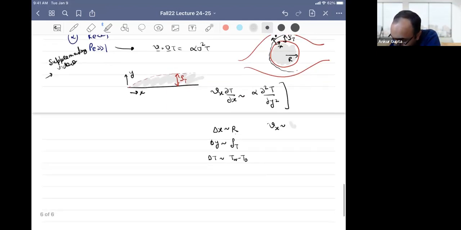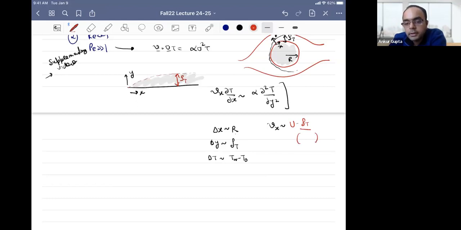So I say U delta T. What should I divide here by? Any thoughts? If we have a creeping flow outside, Reynolds number is small, what is the length scale at which the velocities will decay?